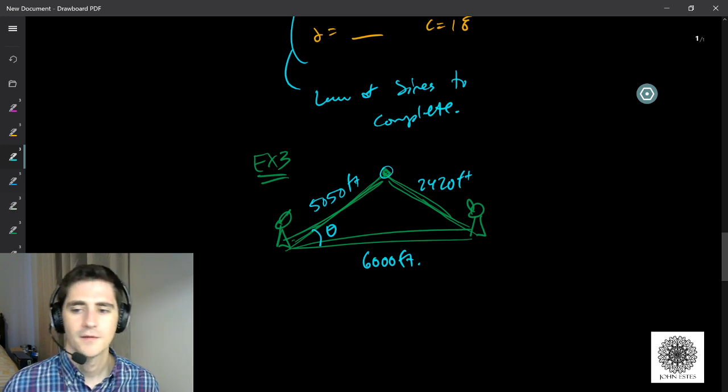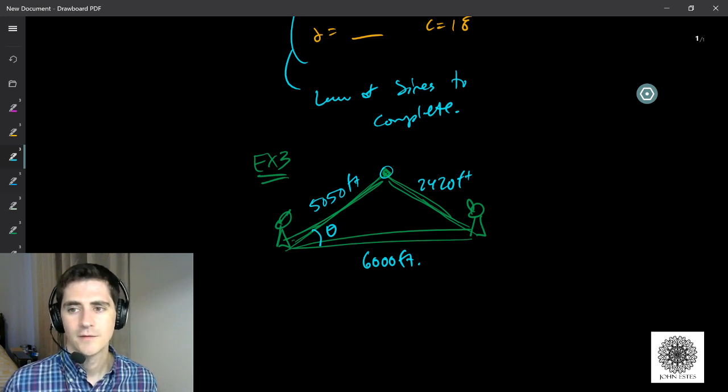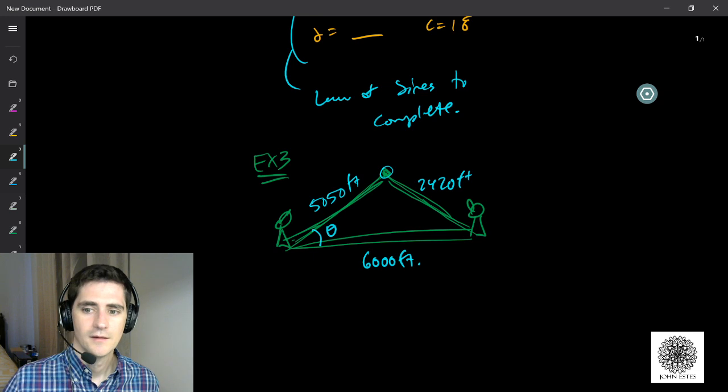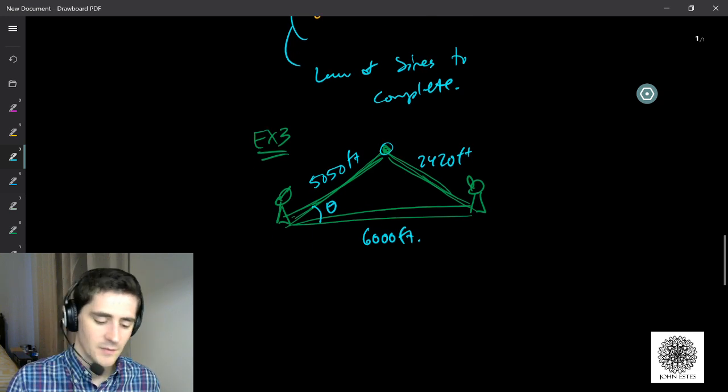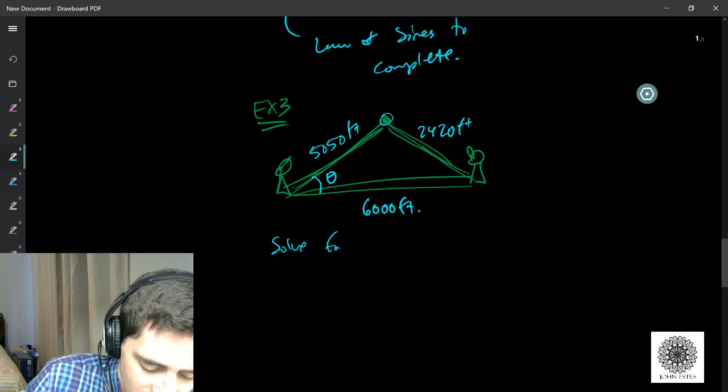And here's angle theta. We don't know that. So what we're trying to do is determine the position of the cell phone north and east of the first tower and determine how far it is from our highway. Now, so what we're trying to do basically then is just solve for theta. That's what they're asking us to do.